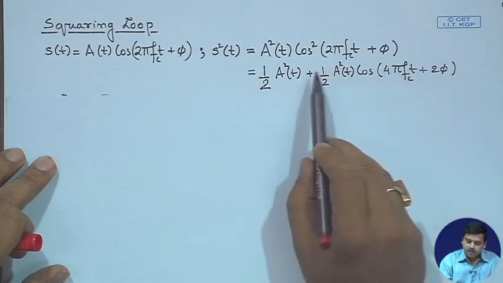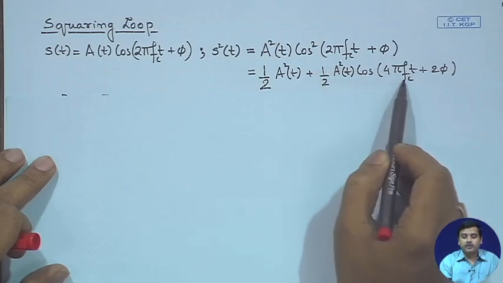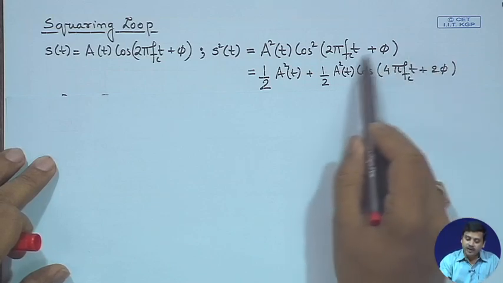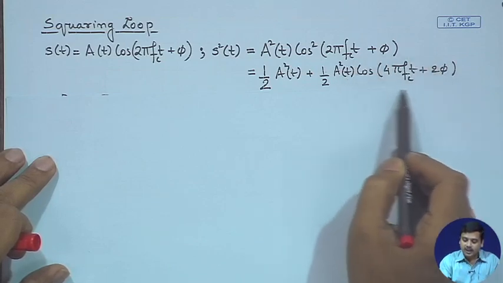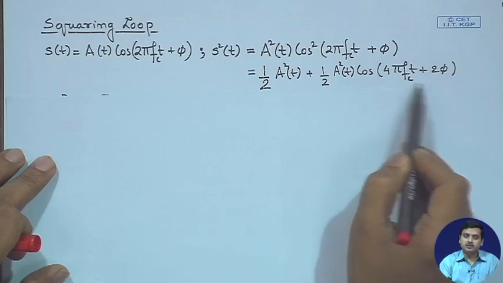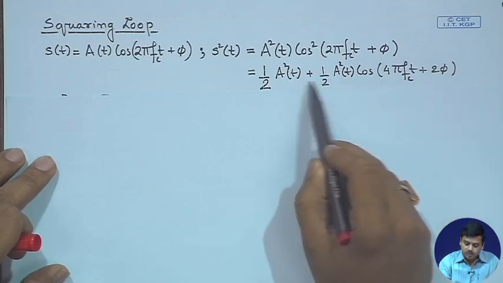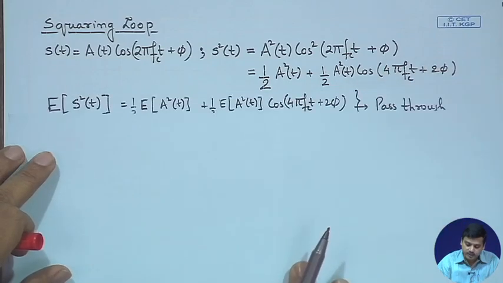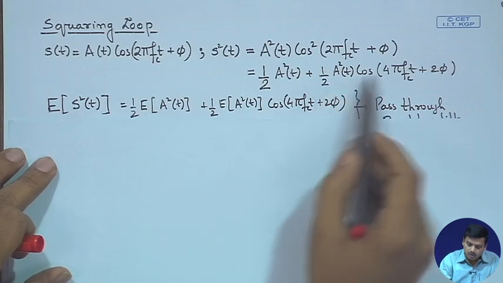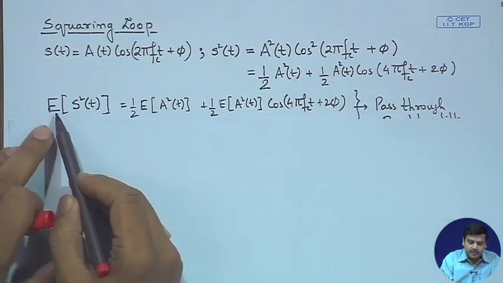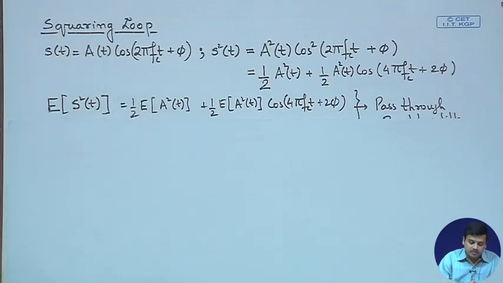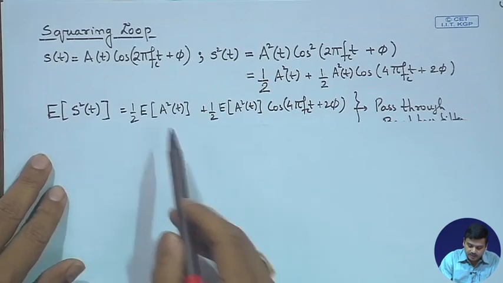Now you have twice the frequency components here. If we pass this output through a band pass filter, what we are going to get is a signal with twice the frequency component. We take the average of it, because A(t) is a random sequence, so you take the expected value of it.